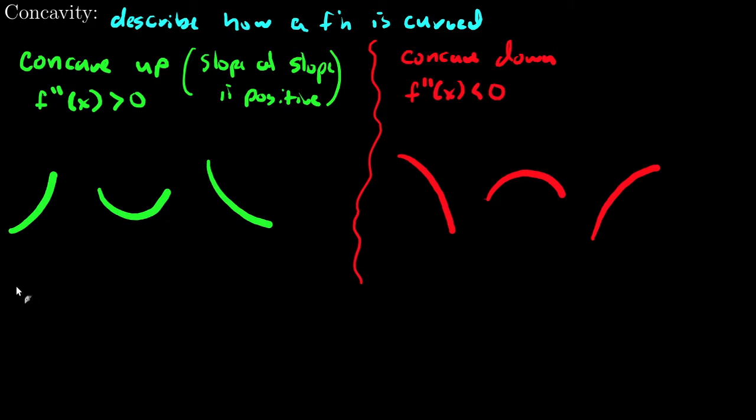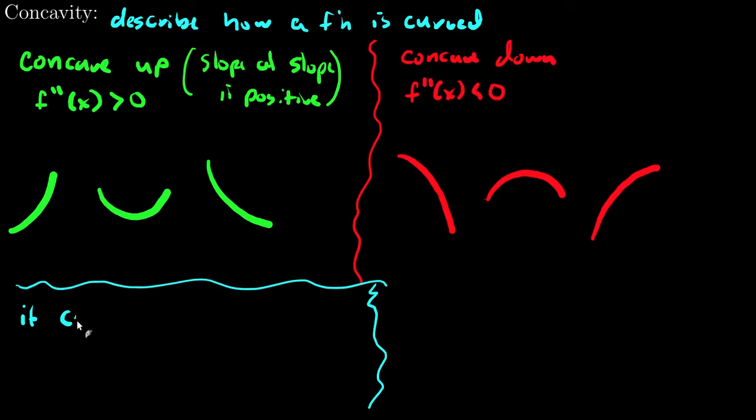Now, if you have trouble seeing it, you can always use a tangent line to see. If the curve is above the tangent, then it's concave up. And you can see an example here.